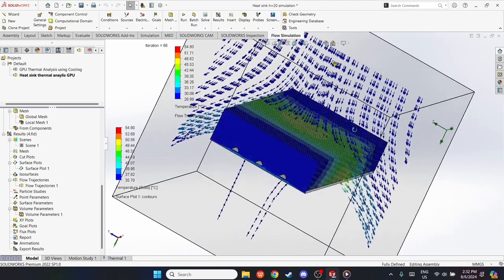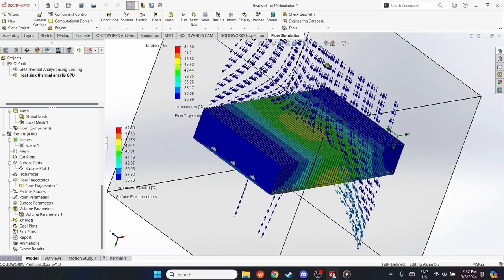The ambient temperature is set at 27 degrees Celsius, while the convection coefficient is 20.